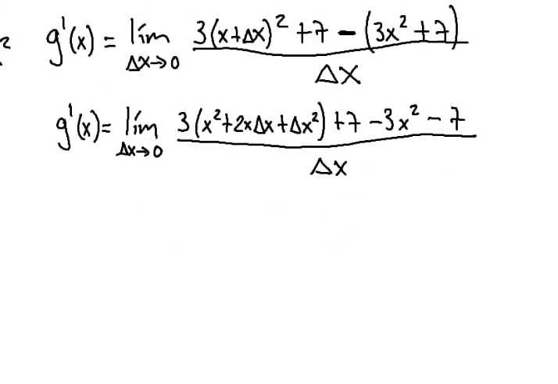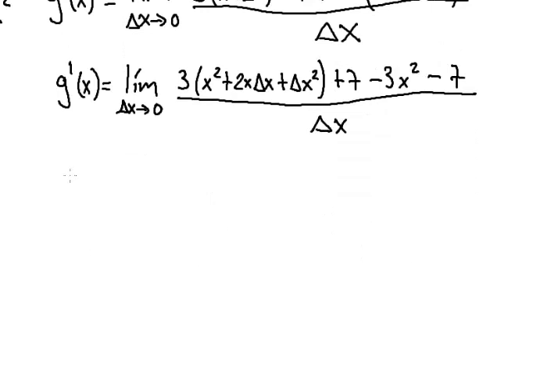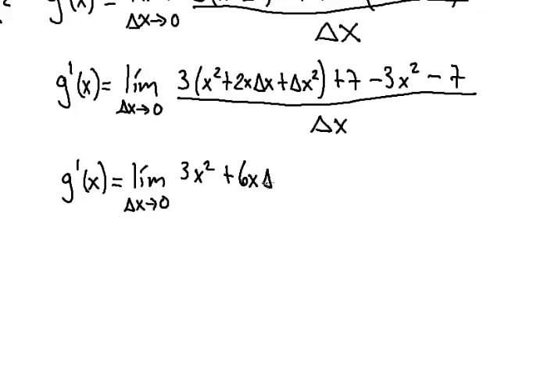Well, we continue. There's a multiplication that is to be made. So g prime x equals limit as delta x approaches 0 of, I can multiply this, 3 times x squared will give me 3x squared. 3 times 2x delta x will give me positive 6x delta x. And then 3 times delta x squared will give me 3 delta x squared.